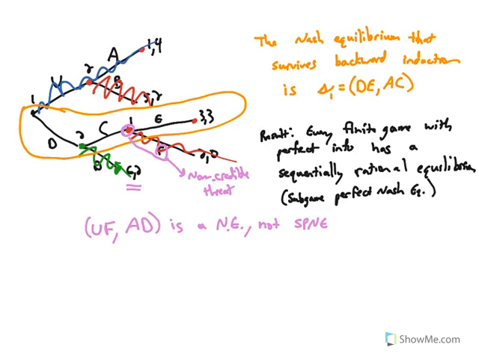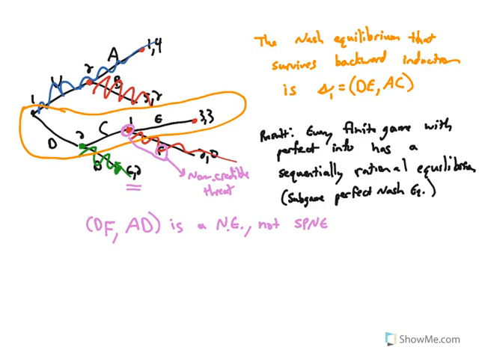So, sorry, player 1's not playing U, player 1's playing D. Okay? So player 1 playing D and player 2 playing D, of course, means this game ends at 6-2, right? So that's the highest payoff player 1 can achieve in the game. So of course, DF is the best response for player 1.